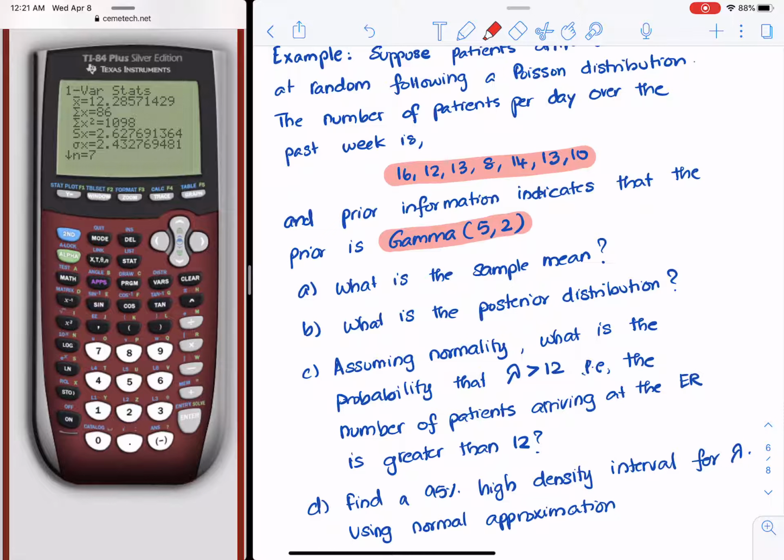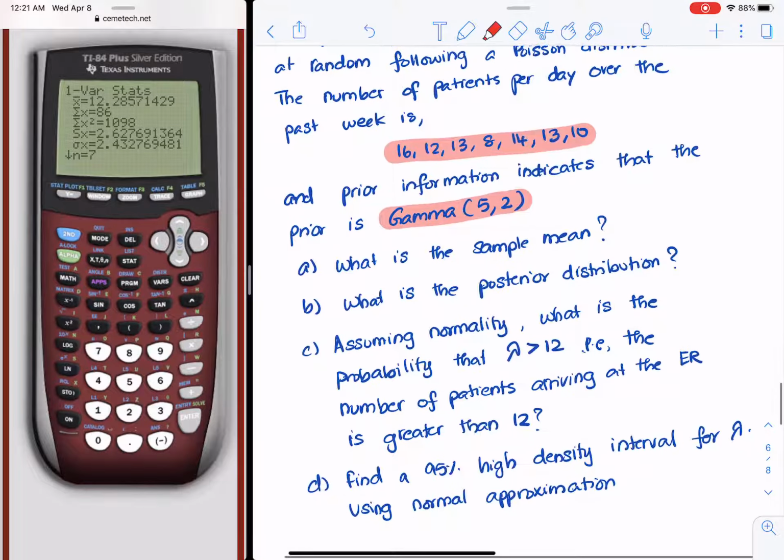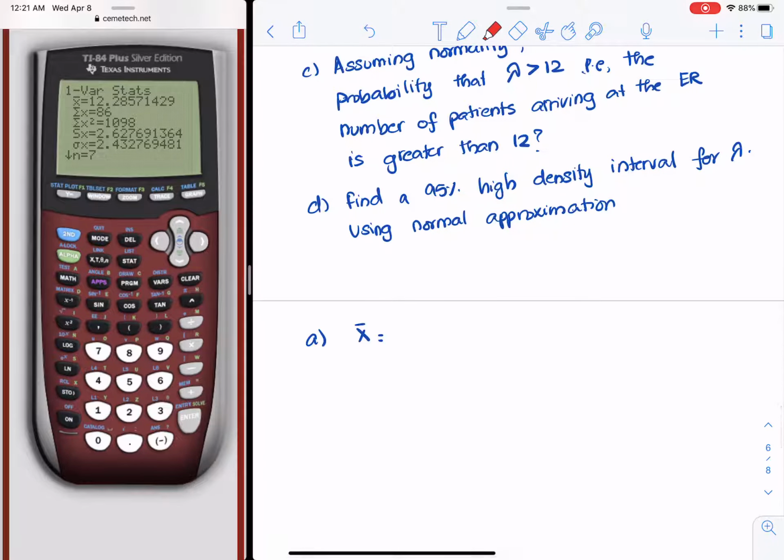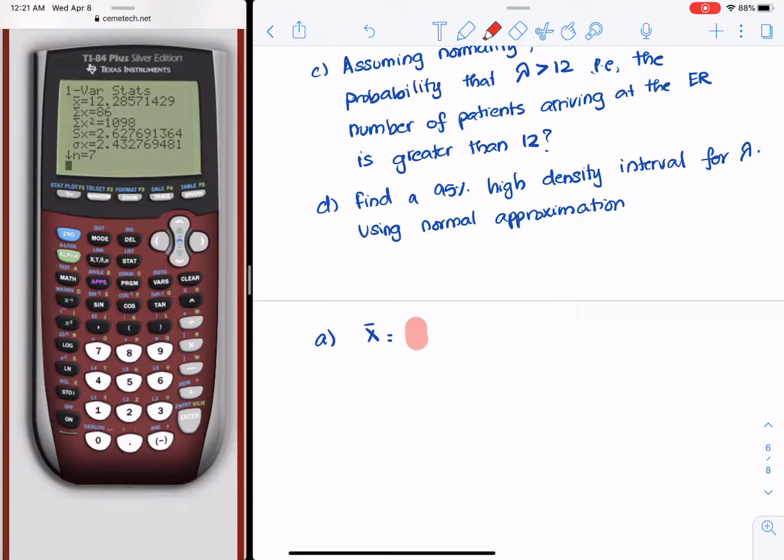The mean ends up being 12.28. We could round it and have it as 12.29.